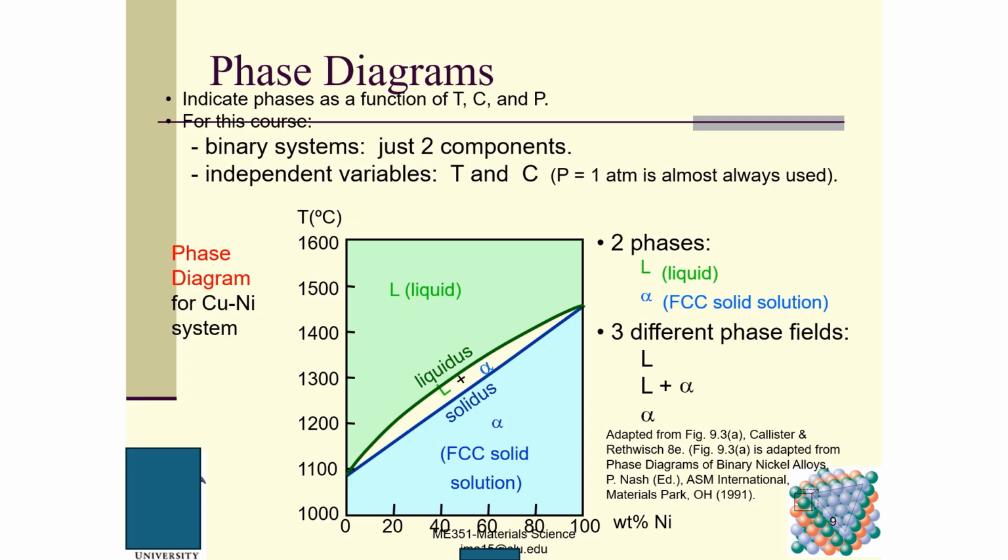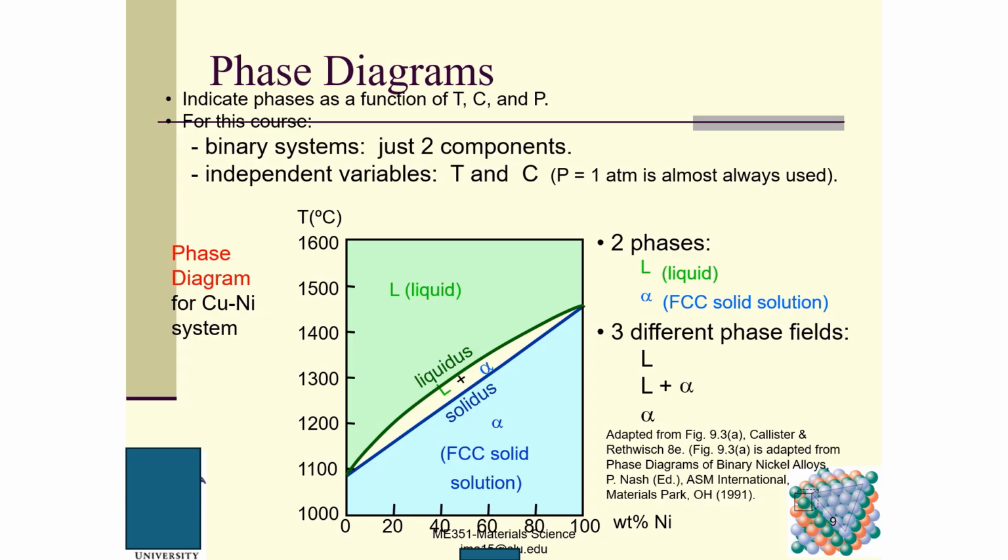So phase diagrams indicate phases as a function of temperature, composition, and pressure. You need to know that. Indicate phases as a function of these three commonly seen factors: temperature, composition or concentration, and pressure.